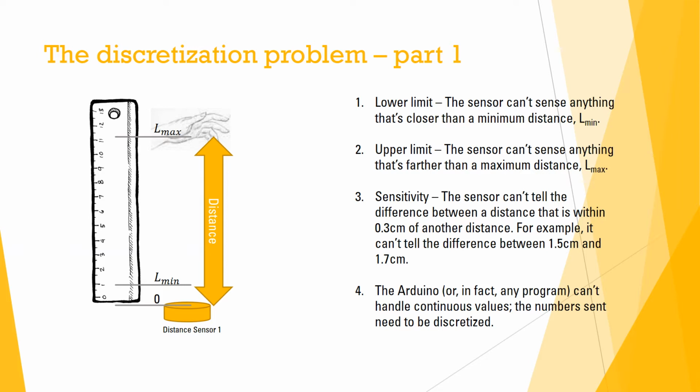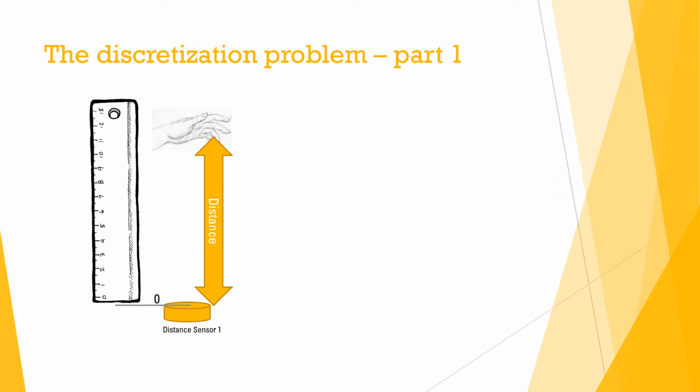The added wrinkle, of course, is that you're trying to program a device, and no programs at this point can work with fully analog numbers. Everything has to be discretized, so even if your sensor is completely analog, once you start programming and controlling it through software, you have to discretize it.